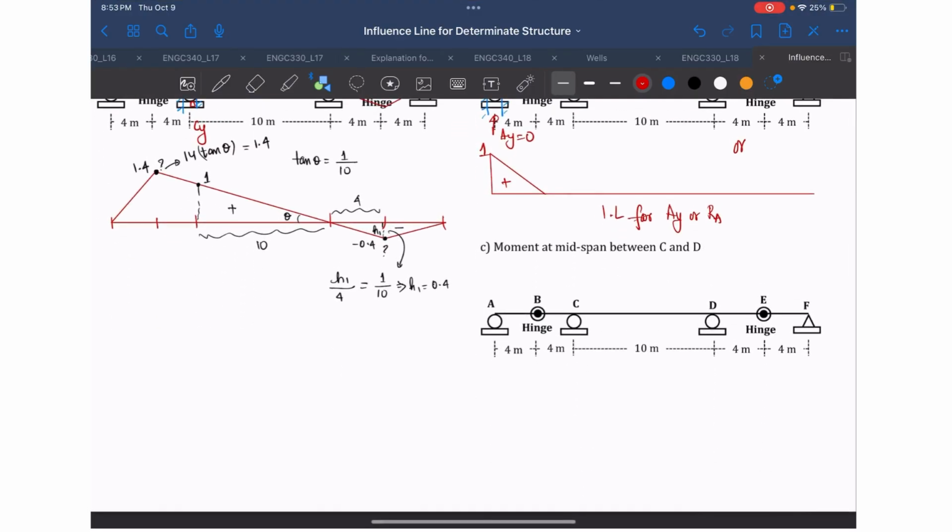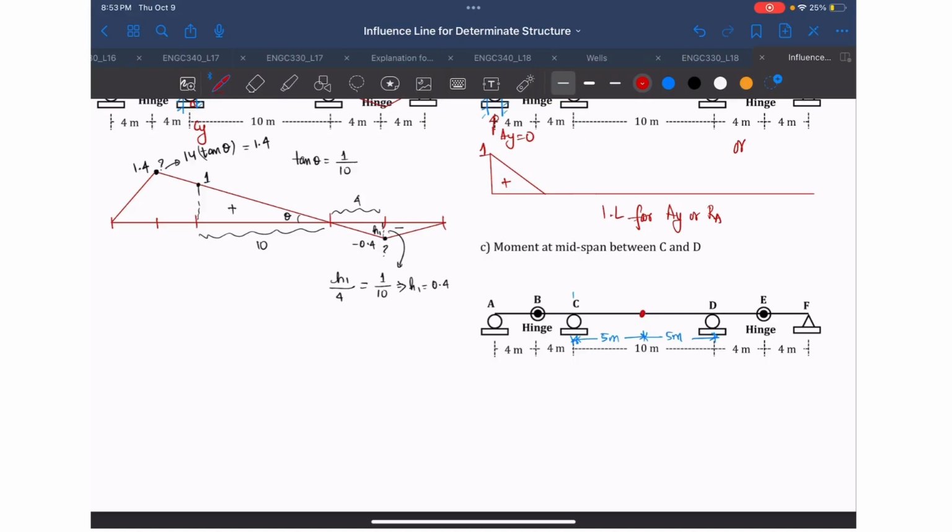Okay, and then here we are interested in finding the moment at midspan between C and D. So at midspan, which means around 5, this will be 5 meter, and this will be 5 meter. The Müller-Breslau principle says that you have to release that restraint or constraint.